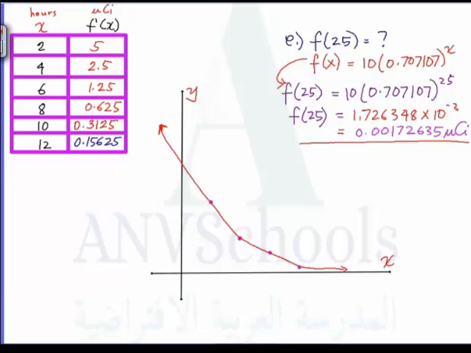And this means that after 25 hours, there is 0.0017 microcurie of 18 FDG left.